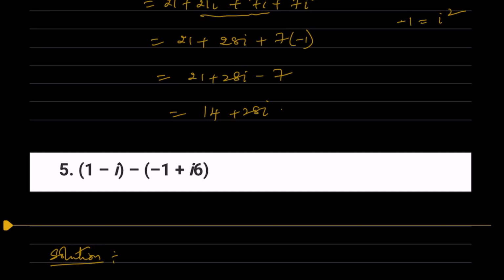Now what's the solution for the fifth one? We'll see. Fifth one: 1 minus i minus of minus 1 plus 6i. First we'll write down the problem.